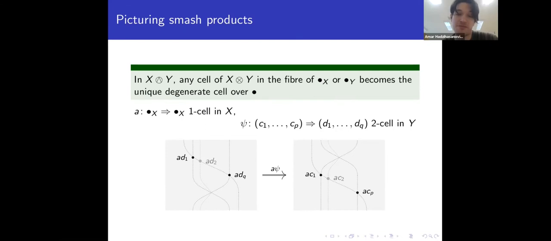I said I have these models of directed n-cells, so the cofibrations should be just the inclusions of boundaries, and acyclic cofibrations should be inclusions of the boundary minus one cell in the boundary.